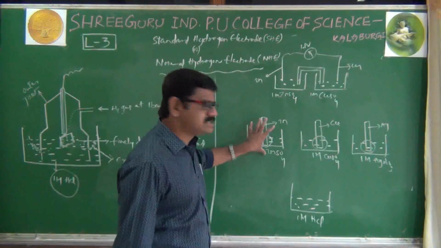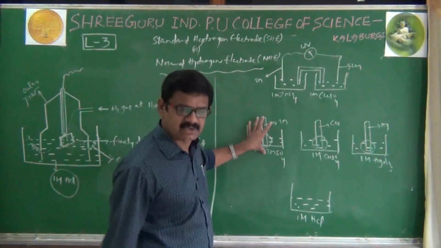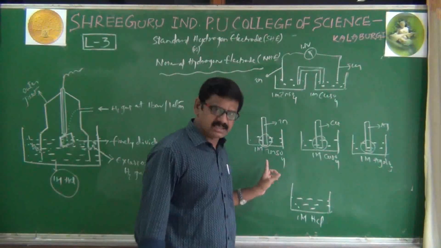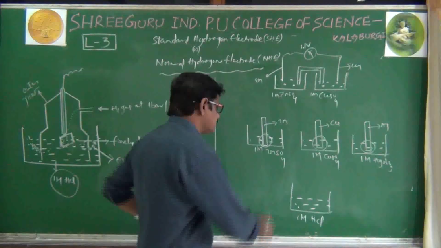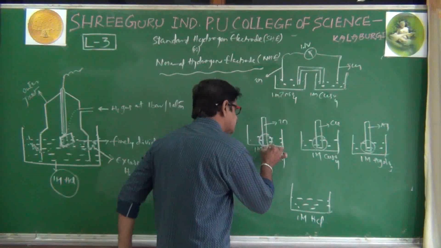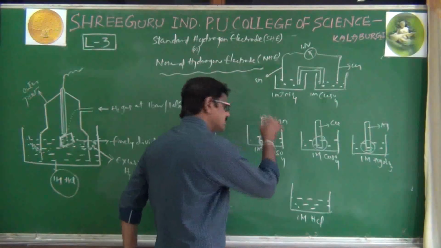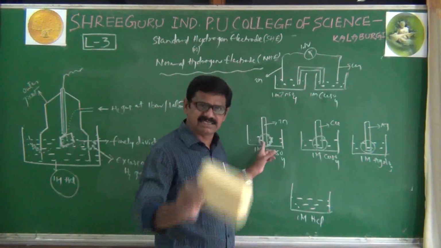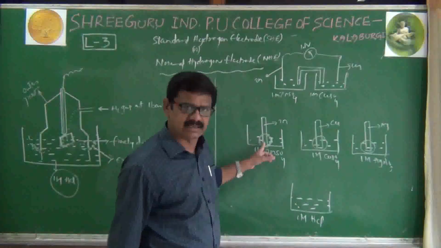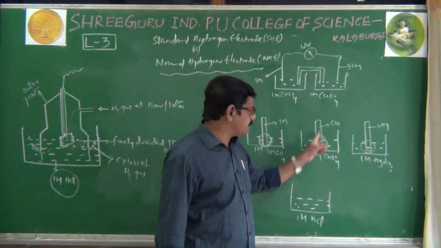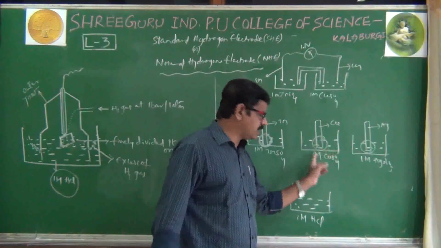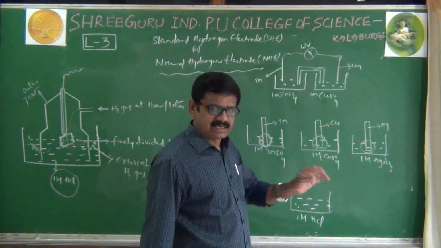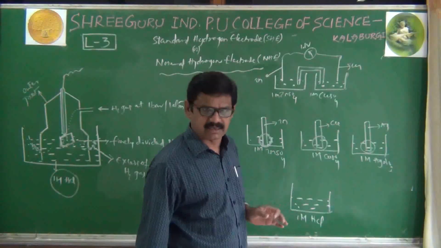Say I have taken only a zinc electrode individually, which means a zinc rod dipped in 1 molar zinc sulfate solution. Of course, when zinc and ZnSO4 are connected to each other, some potential develops, but how much potential has developed is impossible to calculate. Similarly, a copper rod dipped in 1 molar copper sulfate solution, and here also how much potential has developed is absolutely impossible to calculate.